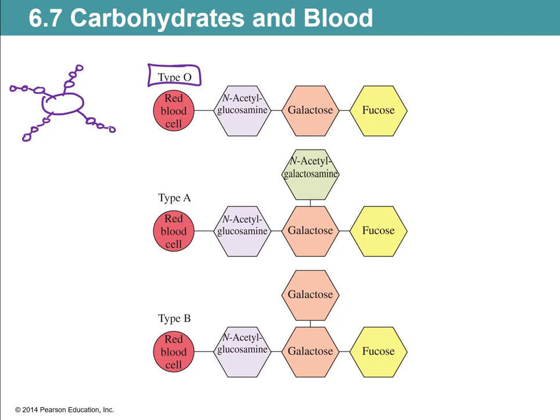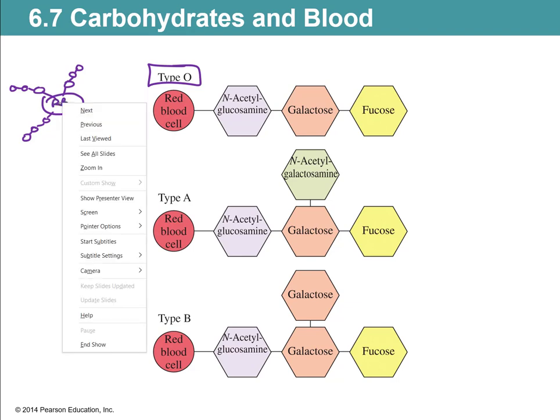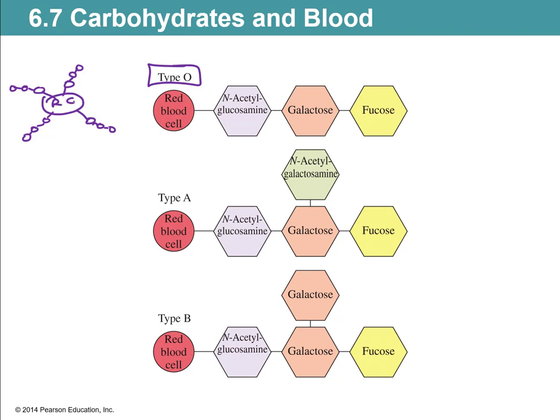This is your RBC. The 3 are N-acetyl glucosamine, which is a light purple, then galactose, which is orange, and then fucose, which is yellow.